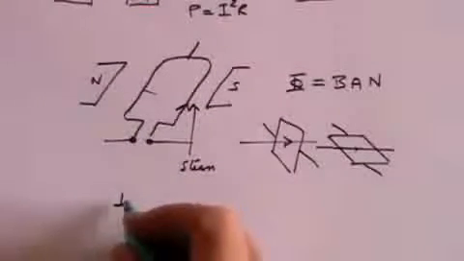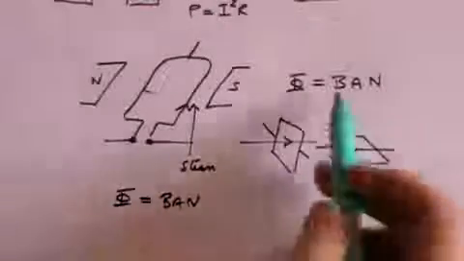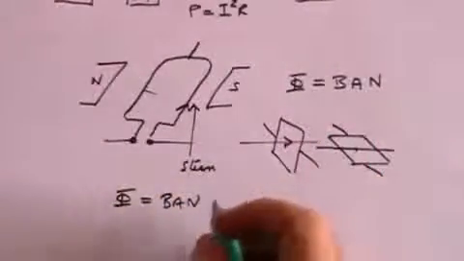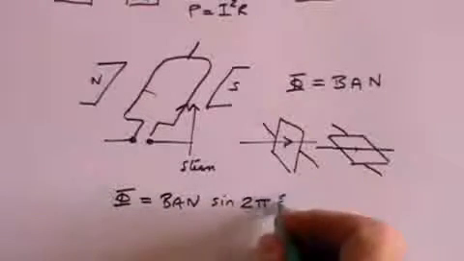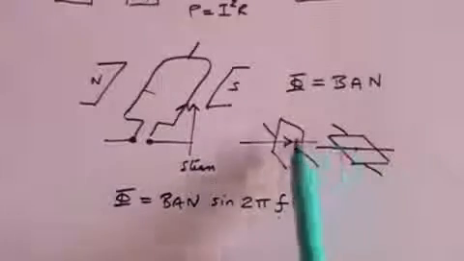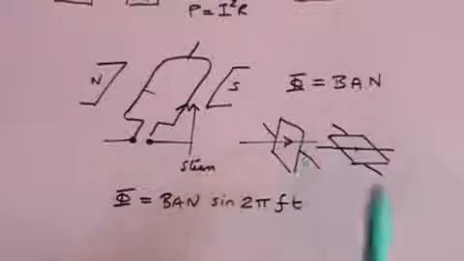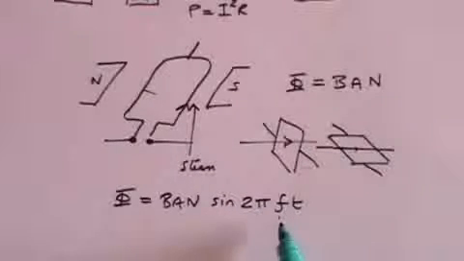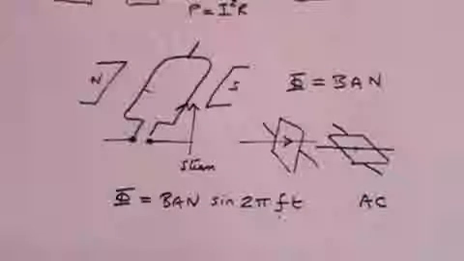The flux becomes equal to BAN, which is this term here, times the sine of 2 pi ft, where f is the frequency of rotation of this coil, and that will also be the frequency of the alternating current that the spinning coil will generate.